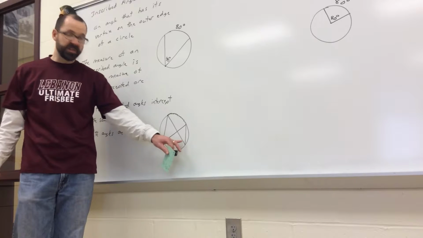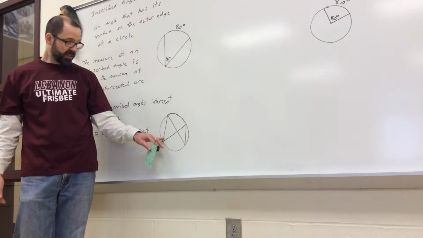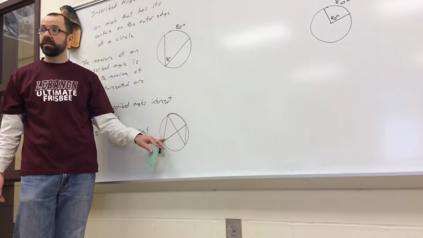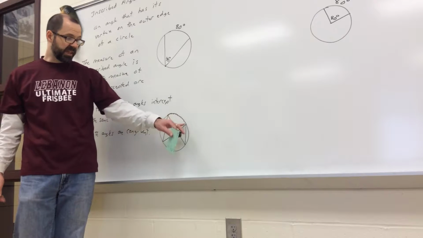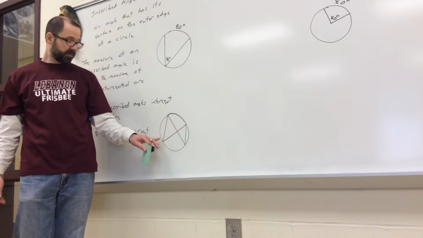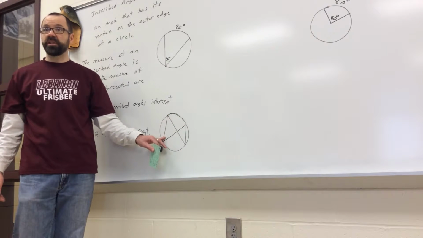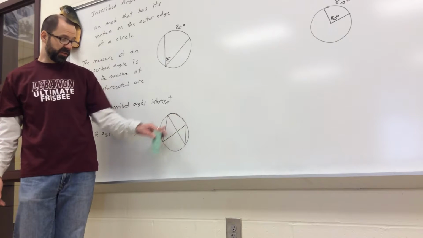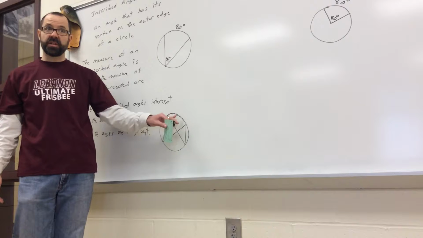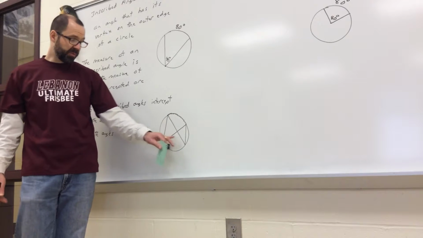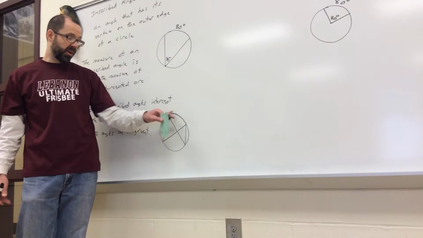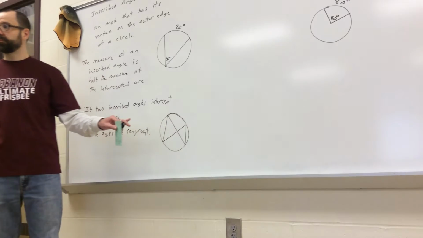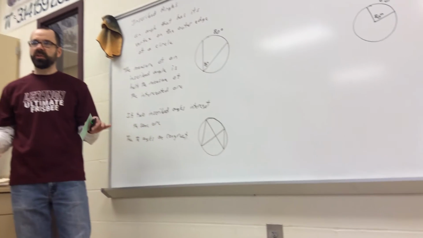If this is 50 degrees, how big is that arc? Good, 100, because it's twice as big, right? So these will both be 50, and then the arc will be 100. Or whatever the numbers are.